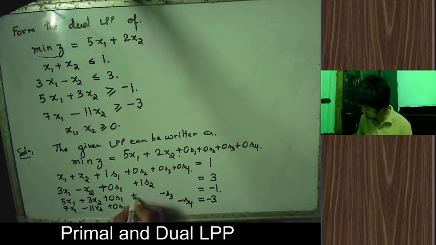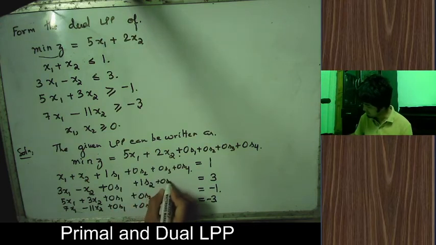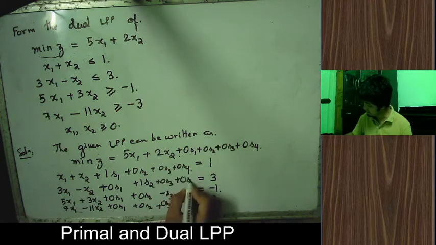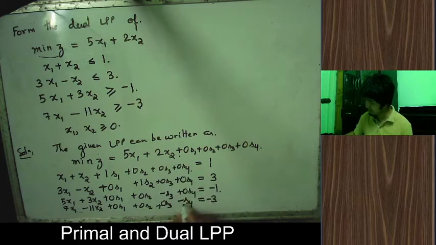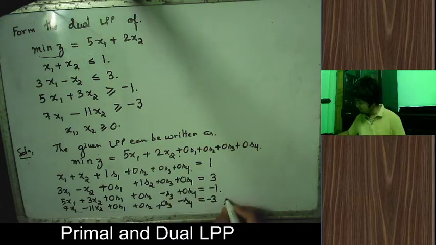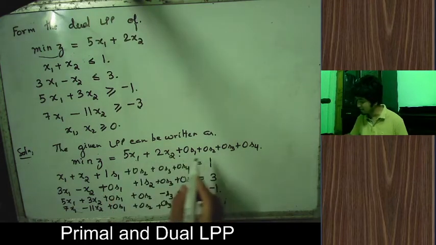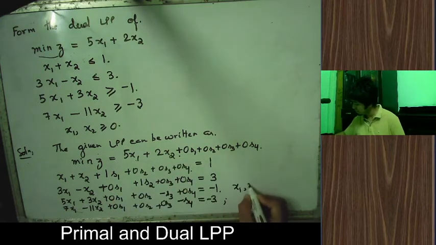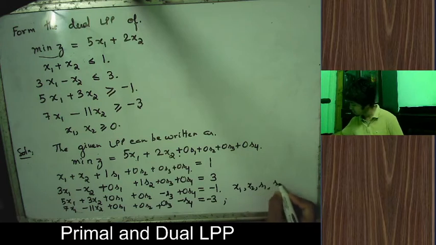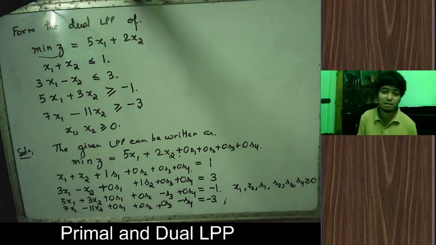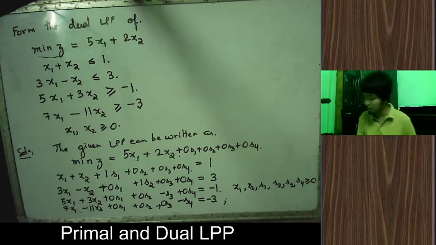Similarly over here 0s2, 0s2, 0s3, 0s3, 0s4, 0s4, and over here minus s4 or minus 1. And the variables x1, x2, s1, s2, s3, s4 are all greater or equal to 0. So now let us just form the dual LPP.